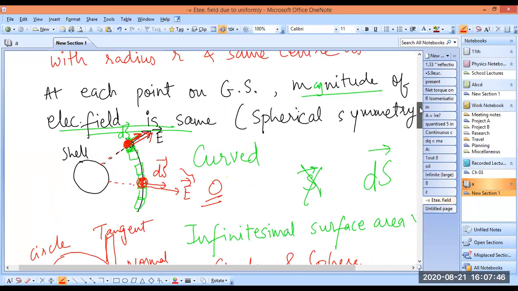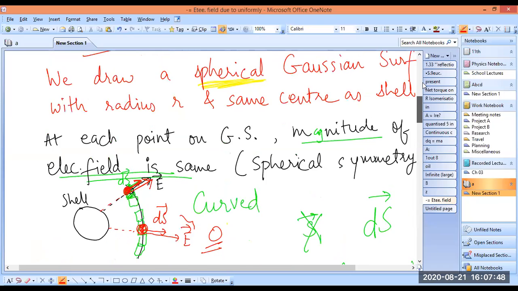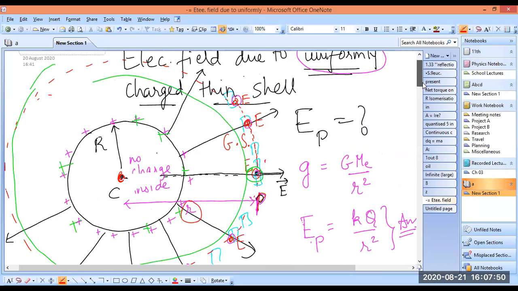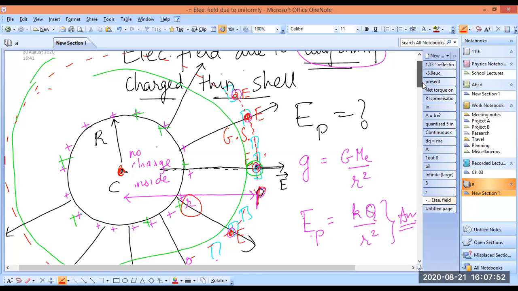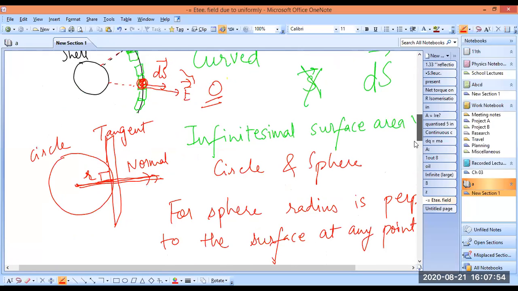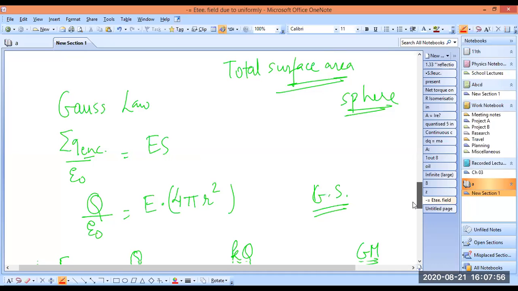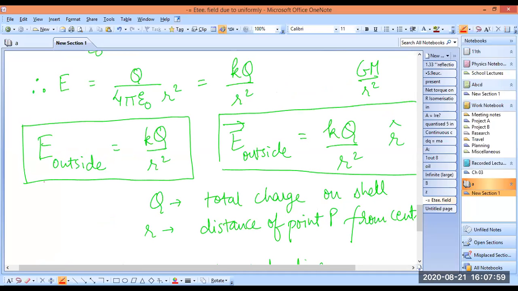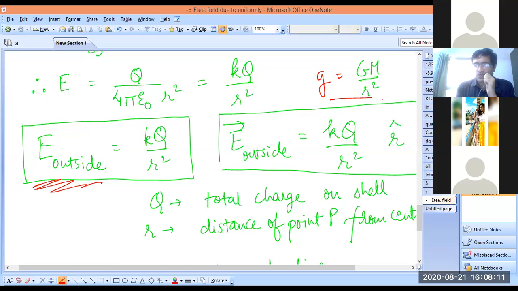And we discussed that we could take a Gaussian surface around it so that it would pass through this point P. So we derived the electric field for outside case, and we got this answer here, right? This one, electric field outside is kq by r square. I was telling you that it's just like gravitational acceleration, which has a formula gm by r square, right?